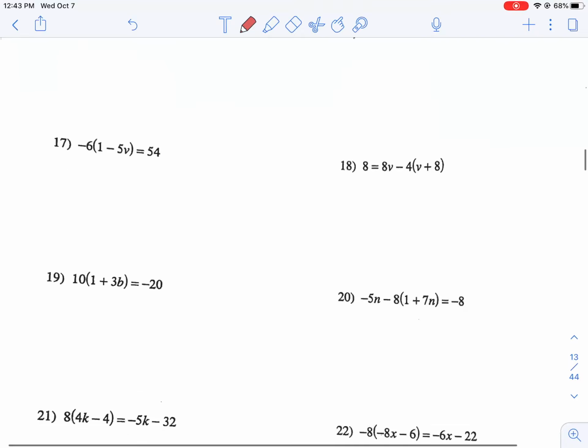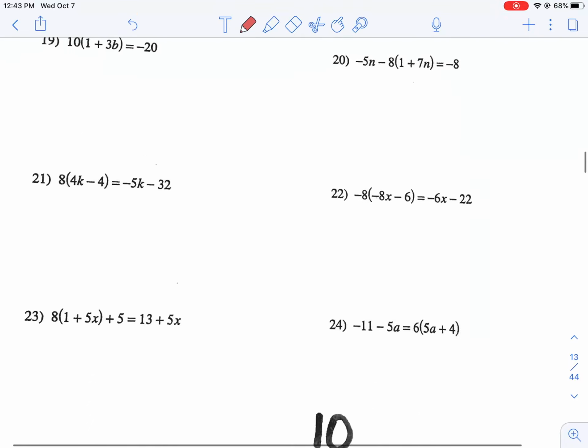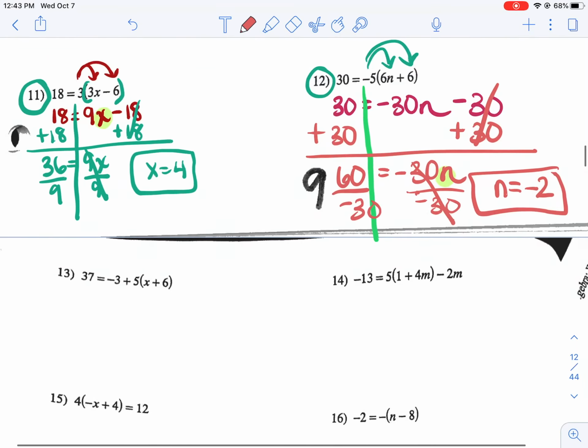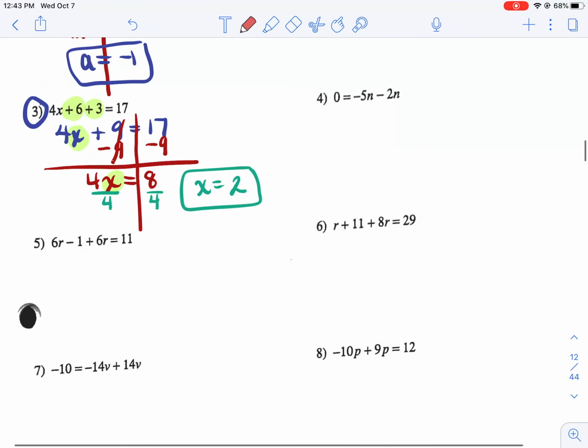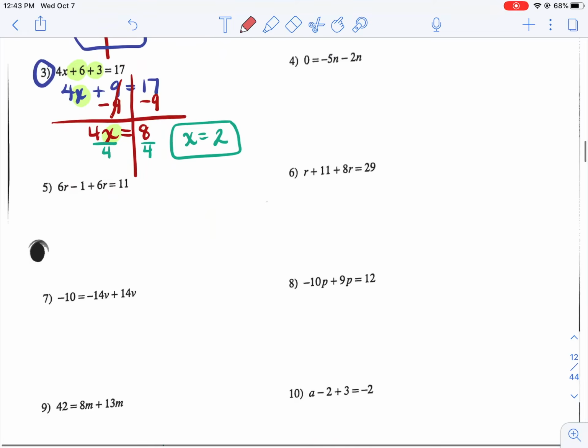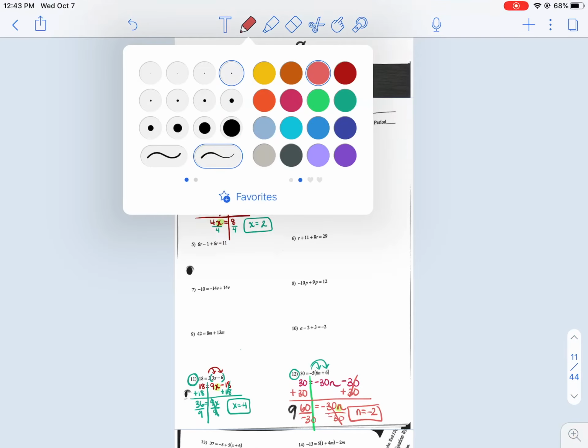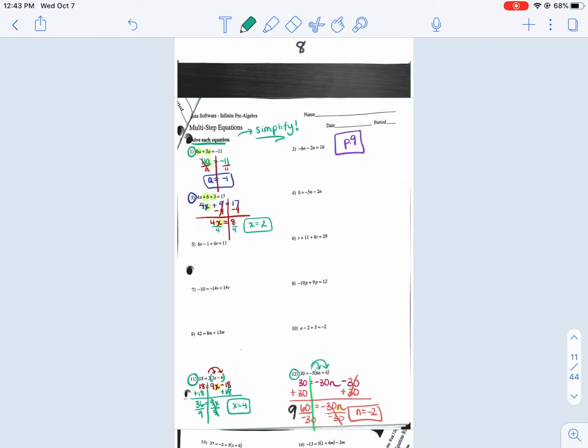Some of these are a little bit trickier, not saying you can't handle it, because I know you could. I'm going to circle a couple right now and have you take a picture of page 9. So we did a few with you, but for homework tonight, you're going to take a picture of page 9 and finish on your own. Number 2, number 4. Here, I'll give you a hint. You're going to get n equals 0, but show us some work.